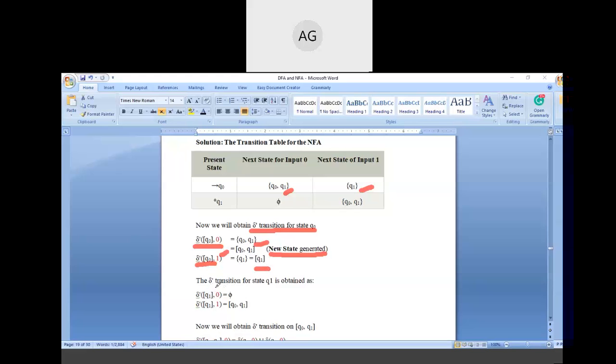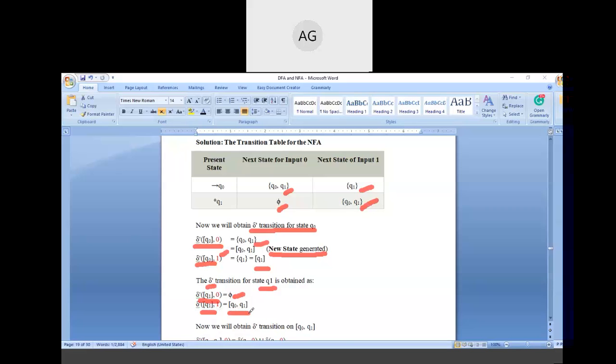Now the del dash transition for the state Q1 is obtained as del dash Q1 with input symbol 0. We get phi with input symbol 0 from the present state Q1. Now with Q1 with input symbol 1 we get Q naught Q1.